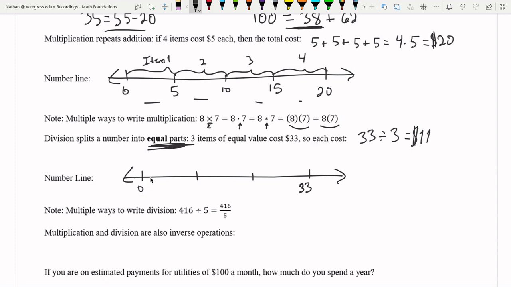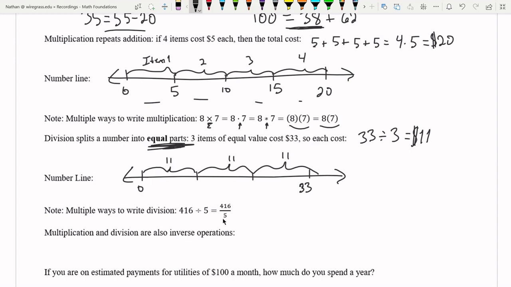Then what we'll find, if I did this correctly, is that if we count the distances of this part, this part, and this part individually, we will see that there are going to be 11 in each one. So I've evenly split up 33 into 3 equal parts, and that means that each one is 11.